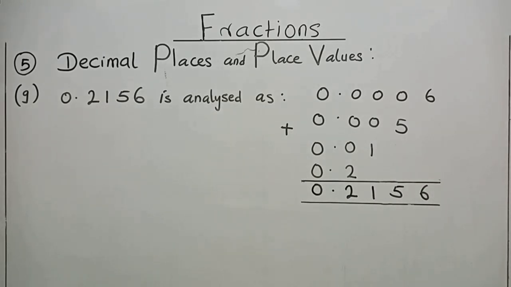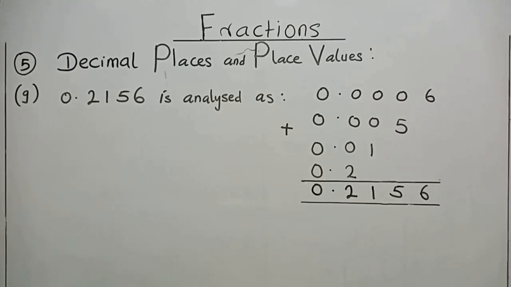From the way it is written here, the 2 was picked from 10. Why? We have only 1 digit here, corresponding to only 1 zero from the part of 10 it was picked from. Because of that, we say 6 picked out of 10,000, 5 picked out of 1,000, this 1 picked out of 100, and this 2 picked out of 10.